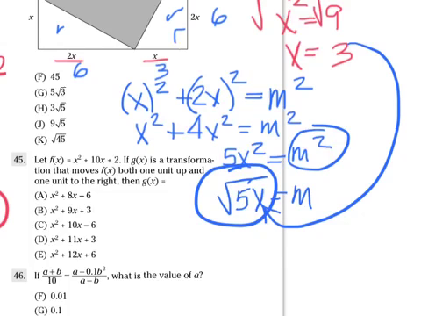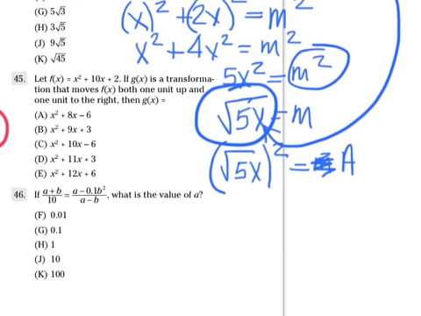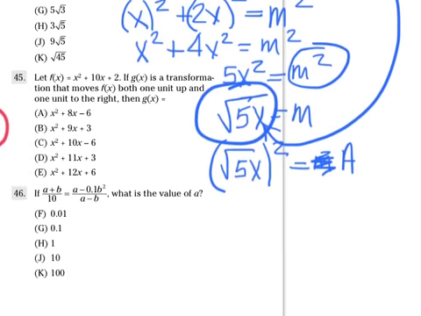What do I have to do to m? Square it. So if you squared that, it's going to take away the square symbol. We'll make this A. So that's going to be 5x, and then you come up with A equals 5x, which is going to translate into 45, so A equals 45.